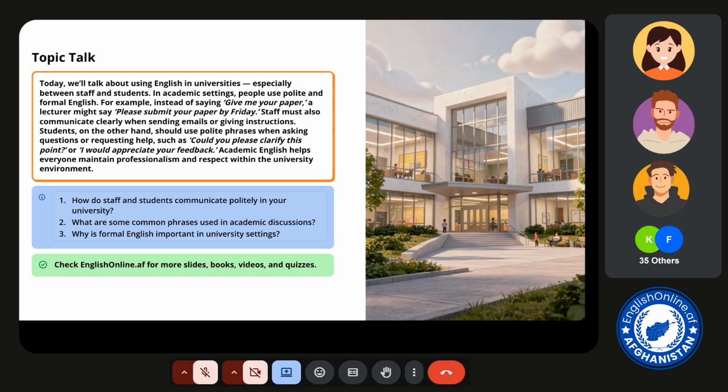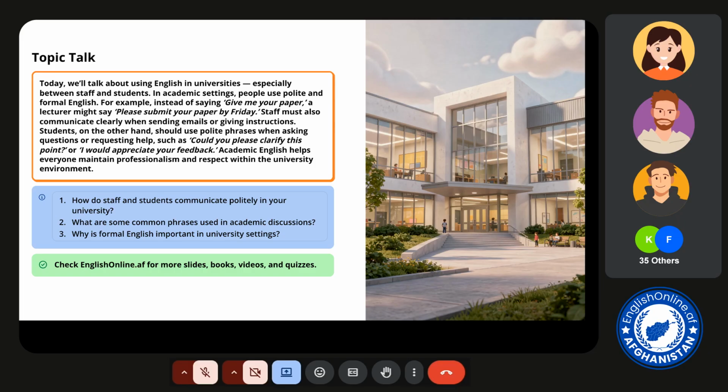Because a university is an academic place for students, and it helps us. When you use formal English in university, we can communicate with other students easily, and have good communication.